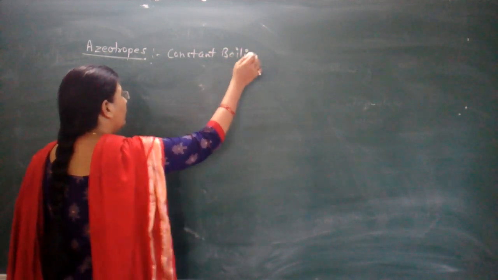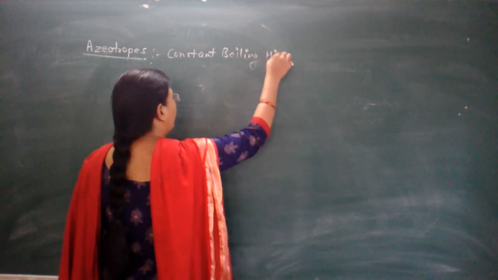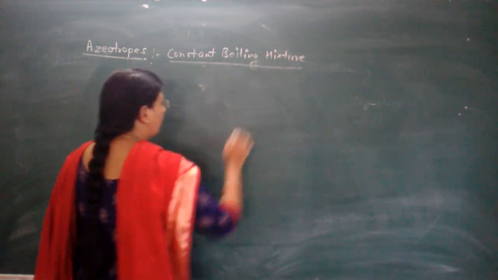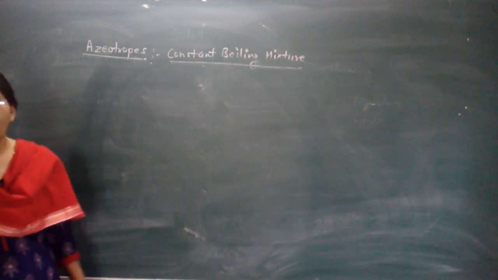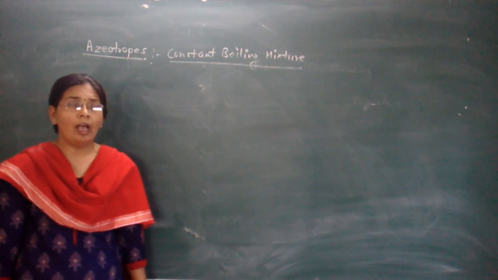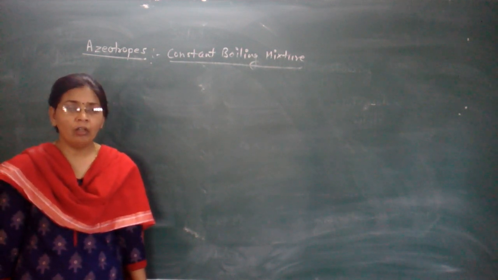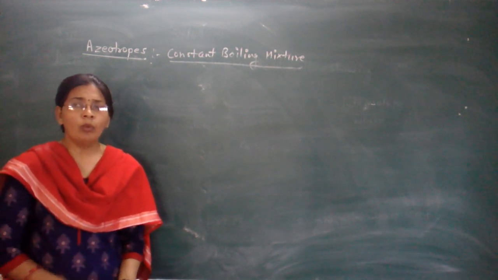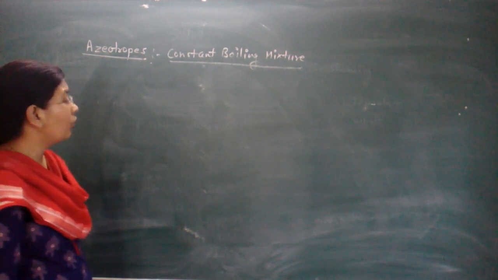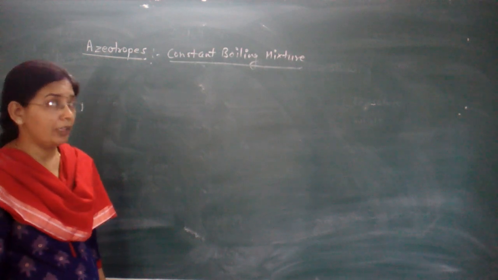Clear from the name, the solutions whose boiling point remains constant without changing in their composition are known as azeotropic mixture or constant boiling mixture. Whose boiling point remains constant are known as the azeotropes or the azeotropic mixture.